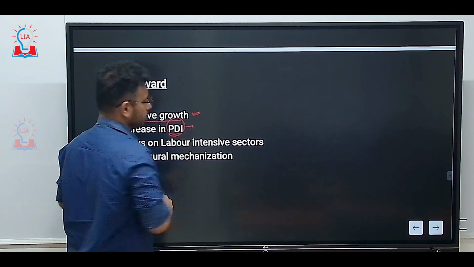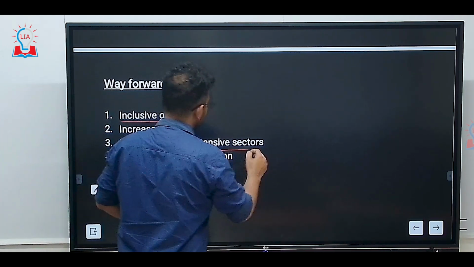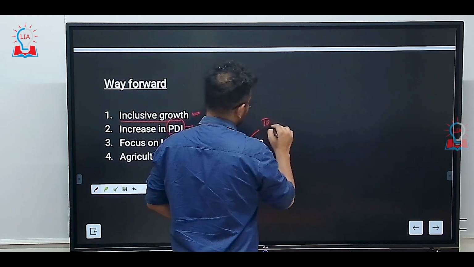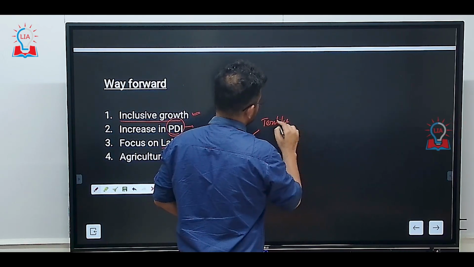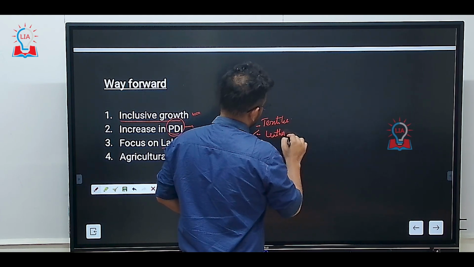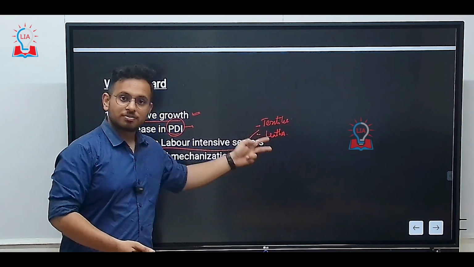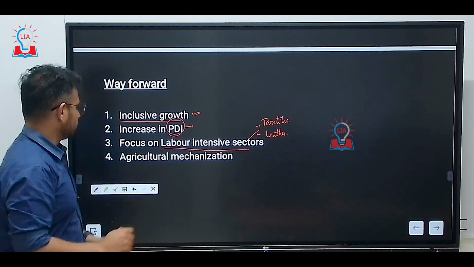Increasing the PDI. PDI stands for personal disposable income. Focus on the labor intensive sectors, for example, textiles is a labor intensive sector, and the leather industry is a labor intensive sector. So more focus should be given to these sectors in manufacturing than services.